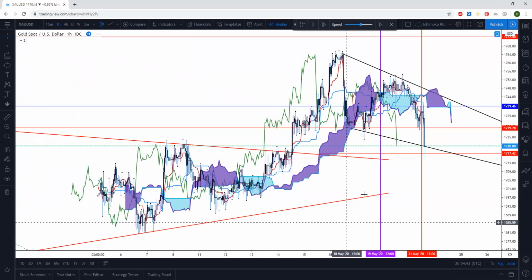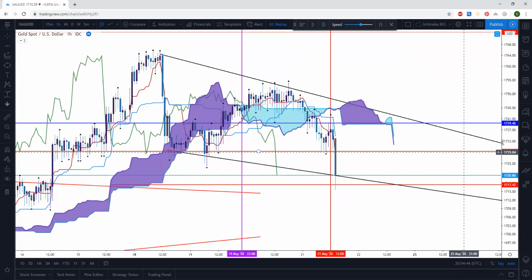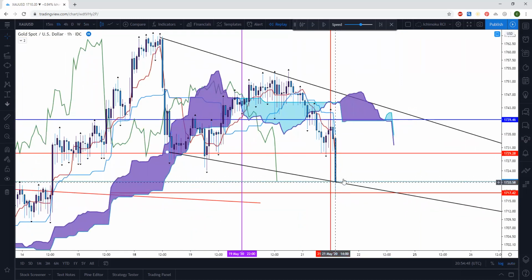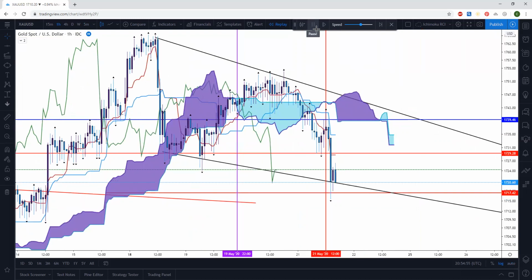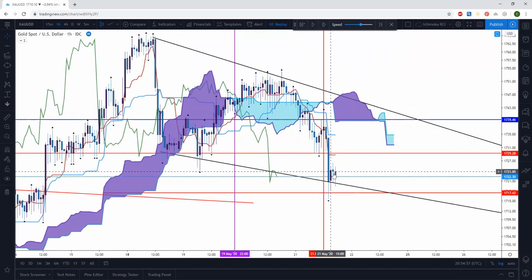Now, if you know your patterns, you know that right here, price could definitely start moving back to the upside despite what this is telling you. Let's see what happens. You have price action, so yeah, definitely gotta watch the trend lines. Price action also happens at these trend lines, as you see here.